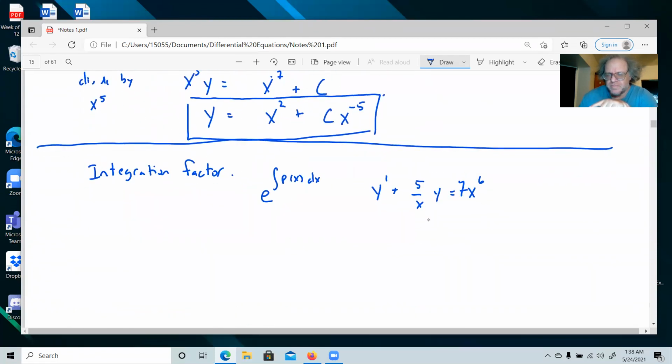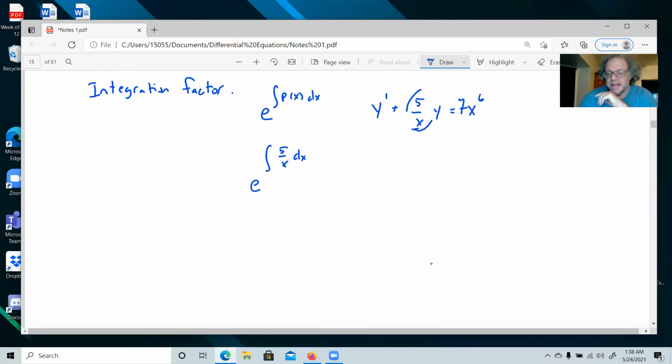Okay, so here's my p of x right here. So we're going to say e to the integral of 5 over x dx. What is that? That's e to the 5 times the integral of 1 over x. What is that? It's the natural log of x, isn't it?